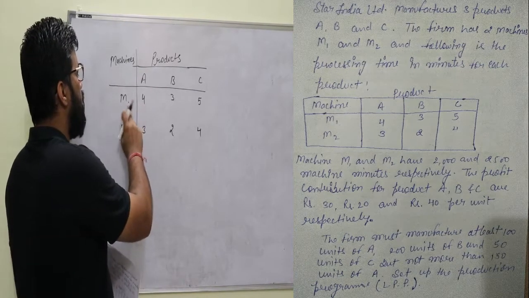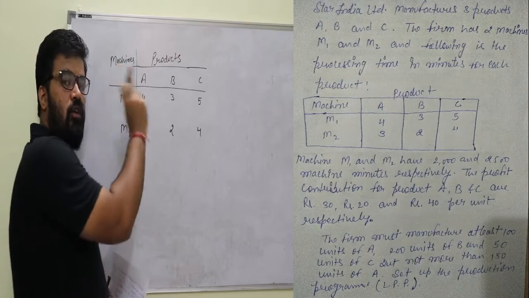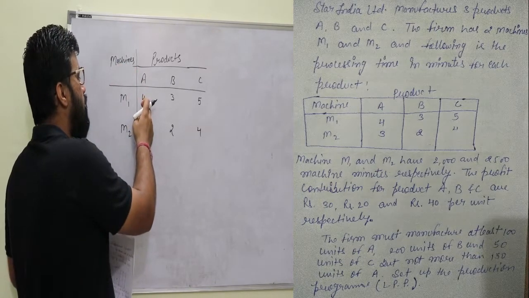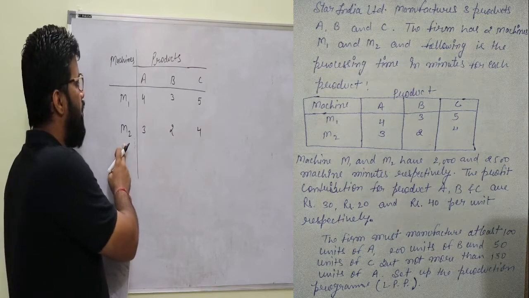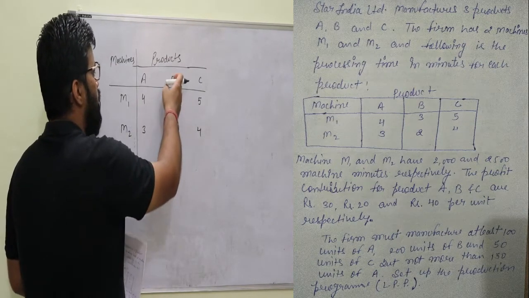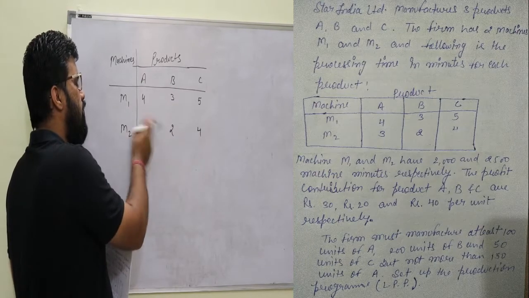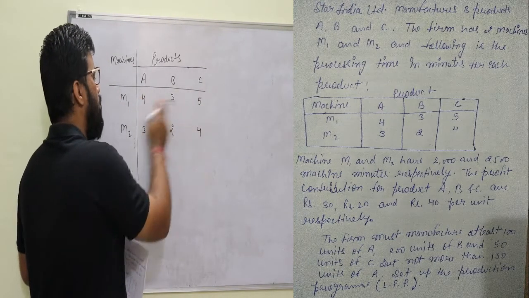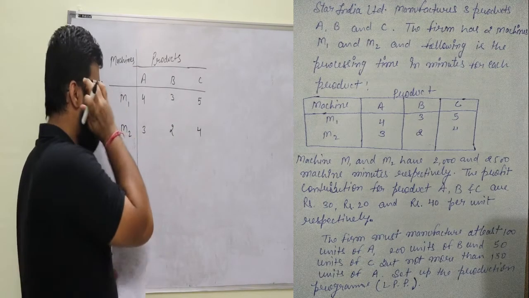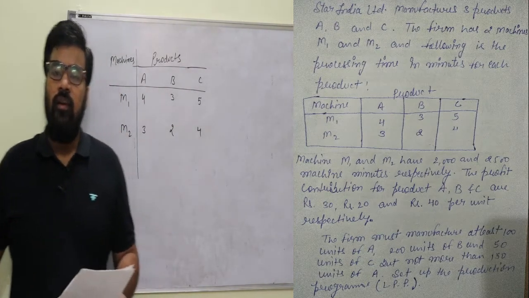So 4 minutes for producing 1 unit of product A, 4 minutes of processing on M1 and 3 minutes of processing on M2 is required, right? Similarly, for producing 1 unit of B, 3 minutes on M1 and 2 minutes on M2 is required. For producing 1 unit of C, 5 minutes on M1 and 4 minutes on M2 processing is required.